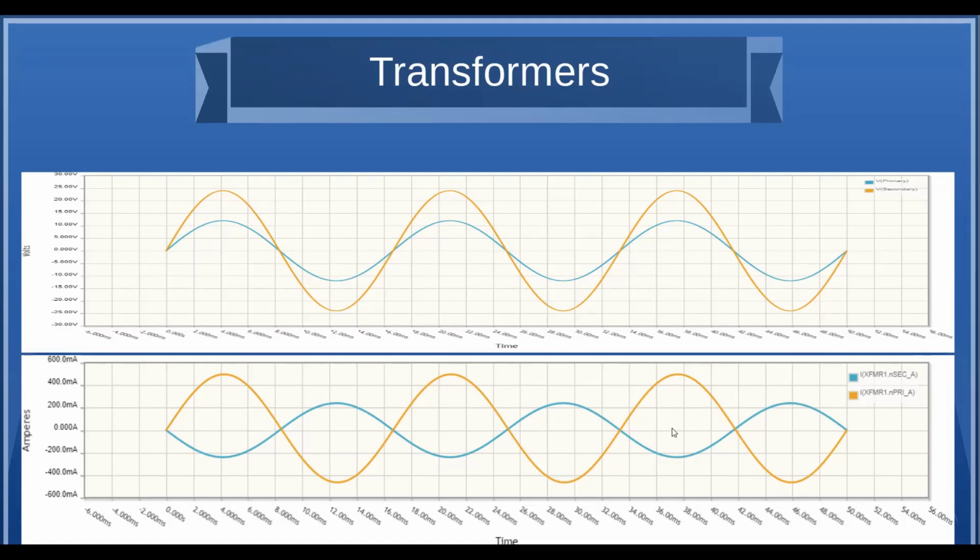Down here are the currents. And blue, in this case, is the secondary, and yellow is the primary. So you can see that the primary current is higher than the secondary. And also, because of the inductance, there's a phase shift between the primary and the secondary of 180 degrees.